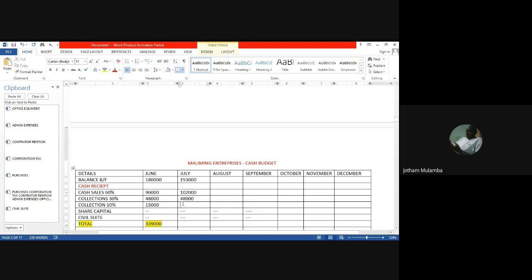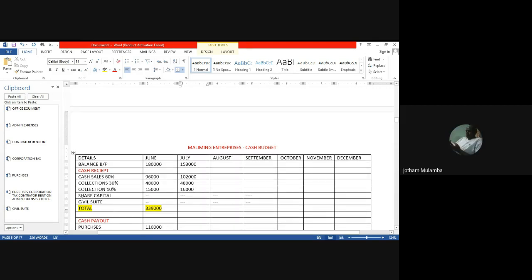Now we'll collect 10% for May. How much was sales in May? 160,000. 10% of 160,000 is 16,000. Now we don't have a transaction for share capital, and we don't have one for the civil suit.